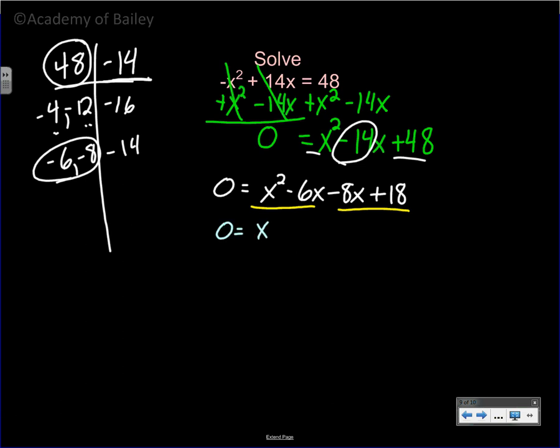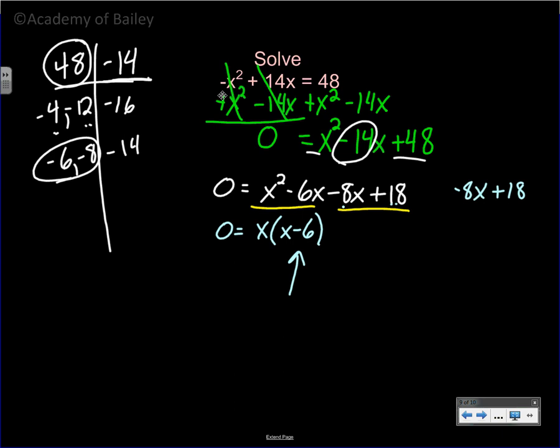So we factor out the x, and we get x minus 6. And here we factor out, what do you want to factor out? Let me bring it over here. Negative 8x and 48. Well, I know that this in my parentheses has to be negative because it's negative here. So that's an indication that I have to pull out a negative. Okay, I have to pull out a negative.